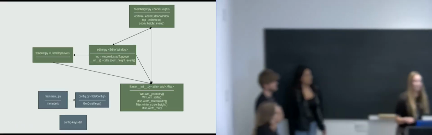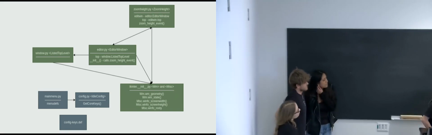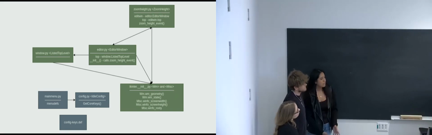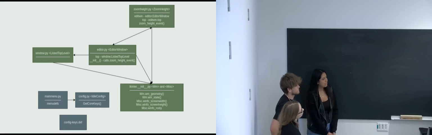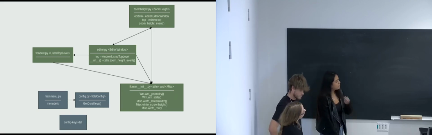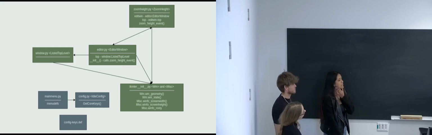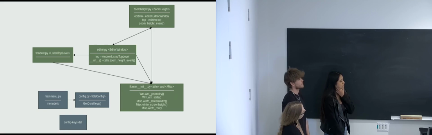So we have this little diagram. This is just to give you an overview of the main part of the code base we were focusing on. Down here in this little corner is more of the button and key binding stuff.